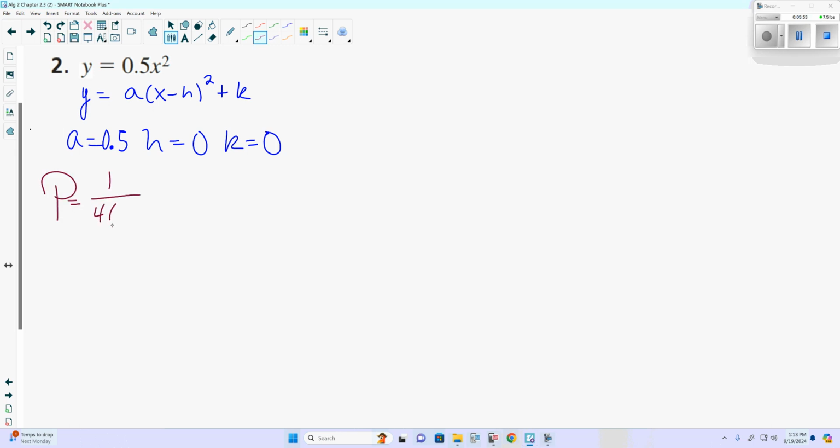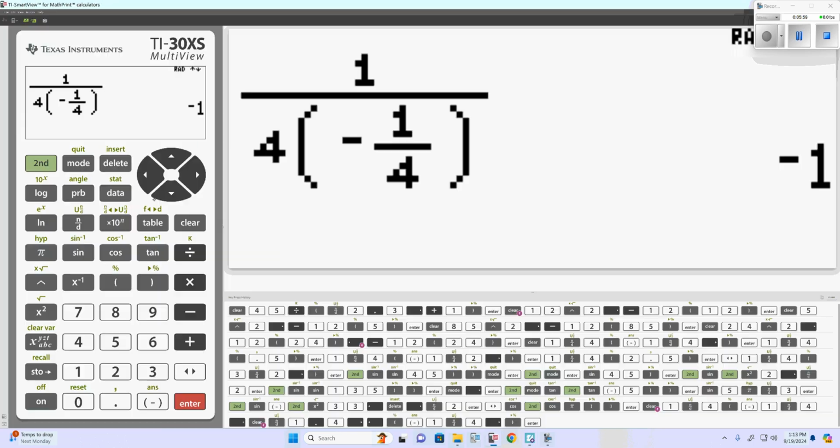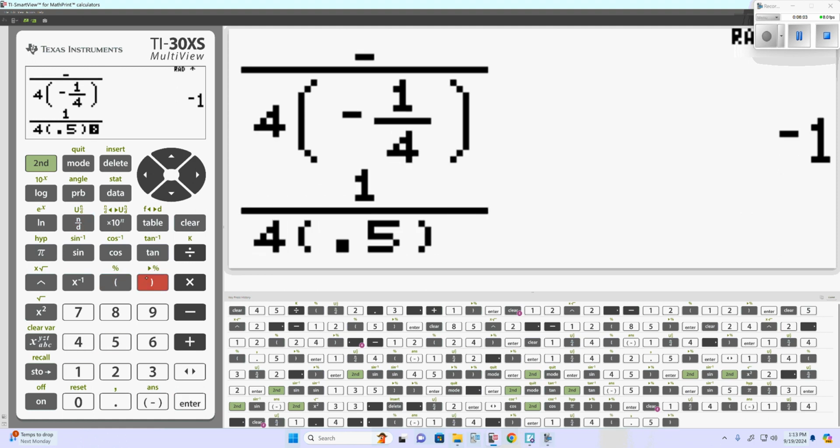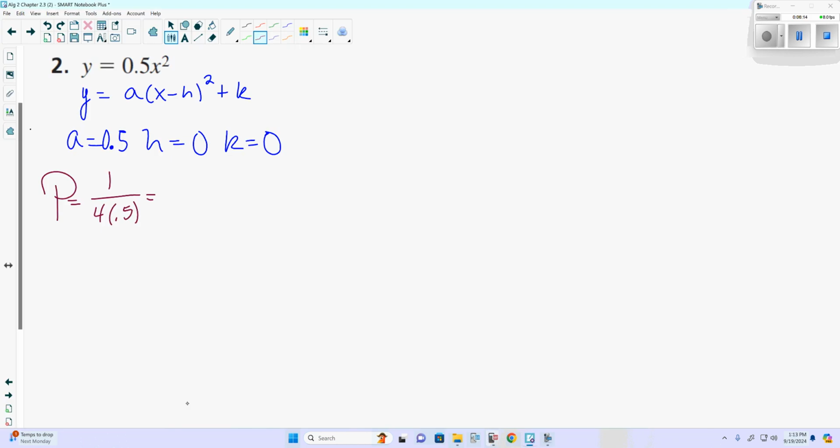P is 1 over 4 times a, yes? 1 over 4 times 0.5 is 0.5 or 1/2, because half of 4 is 2, so we have 1 over 2 or a half.